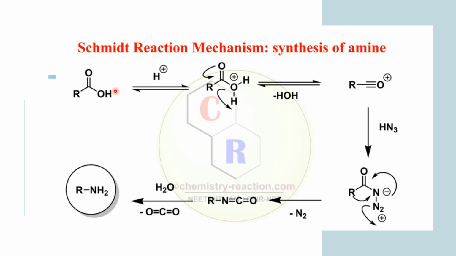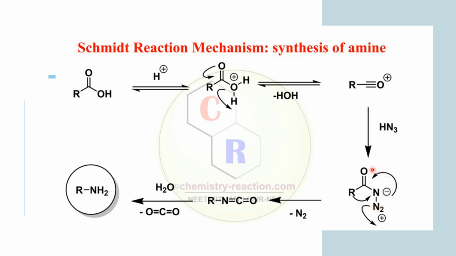So the acid at first gets protonated in the acid medium present, and you can skip these steps and simply write the azide reacting with acid to give us the RCON3 intermediate product. This formation we have already seen in the Curtius rearrangement reaction mechanism.